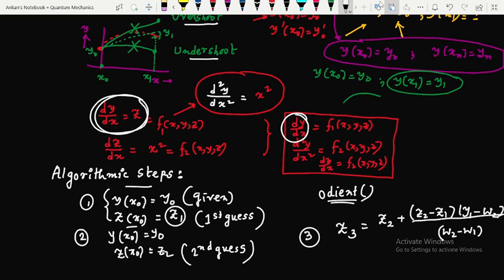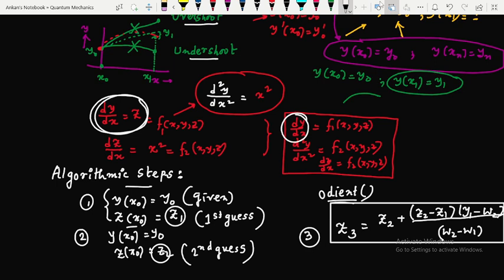And W2 is the second solution of the differential equation as we choose the second guess Z equal to Z2. So the third guess can easily be calculated by the secant or Lagrangian interpolation formula.